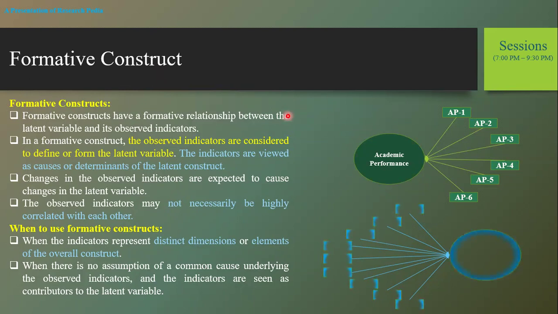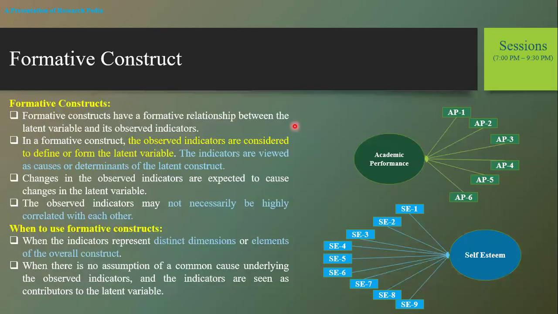In the same way, if you need to measure self-esteem, you can define or form it using these 9 statements. So the direction of the arrow is from the factor to your construct. These types of constructs are the formative constructs.